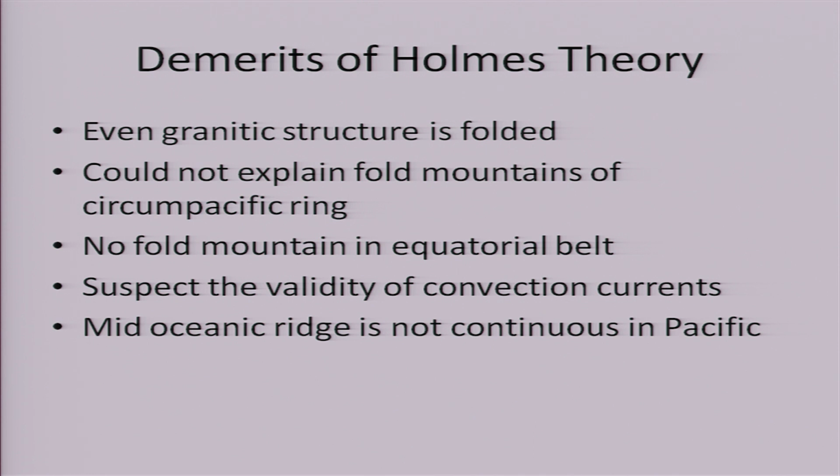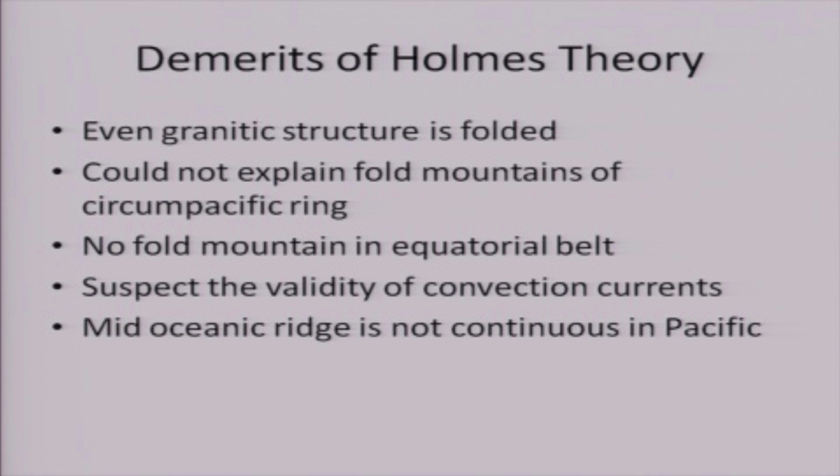And many scholars also suspected the validity of the convection currents, and mid-oceanic ridge is also not continuous in Pacific. If he explained the Rockies and Andes mountain of Americas, then he should have explained that the mid-oceanic ridge in the Pacific Ocean is continuous, but it is not continuous exactly.